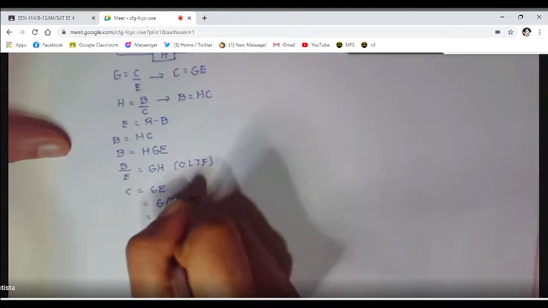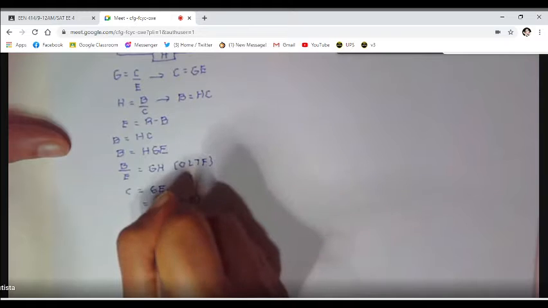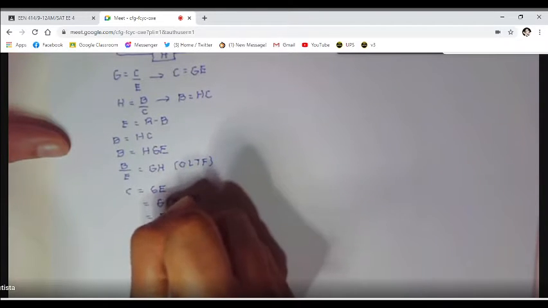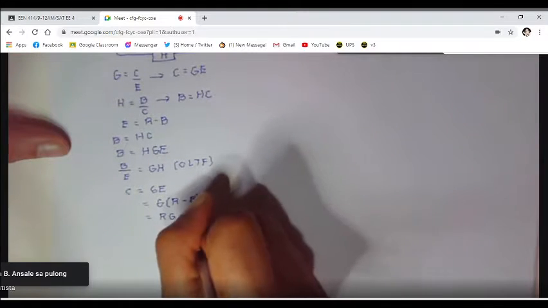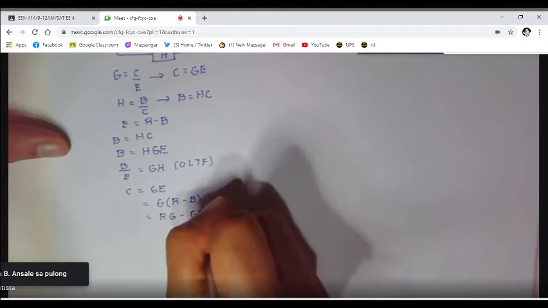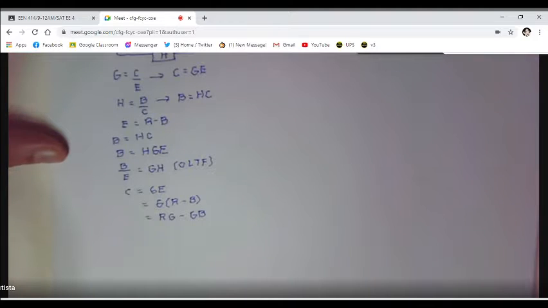So you have C equal to RG minus GB. Okay?